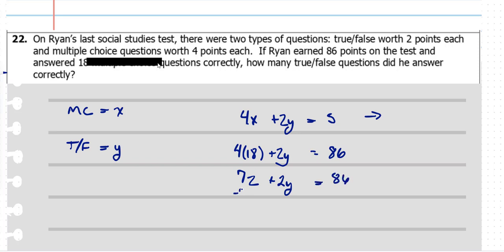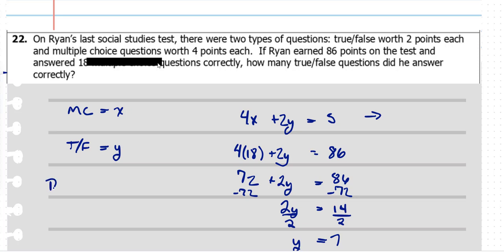We need to subtract that from both sides, so 2y is equal to 14 points. We're going to divide both sides by 2, and so he got 7 true, false, right.